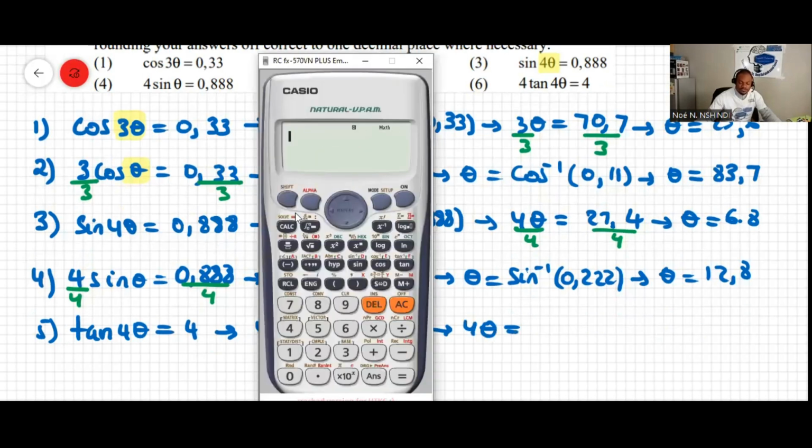You press shift, then tan, then 4, close bracket, and hit equal. That's equal to 75,96. We want one decimal place and look at the second decimal value, which is 6. Since 6 is more than 5, I must increase this by 1 unit. Because this is 9, I make it 0 and increase the previous digit by 1, so it's equal to 76.